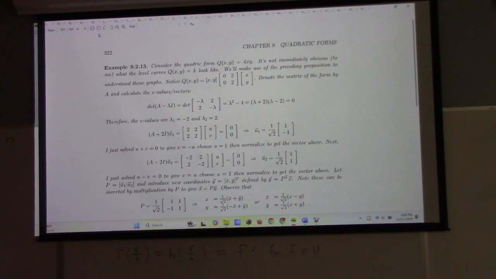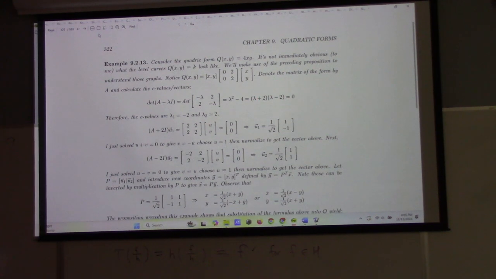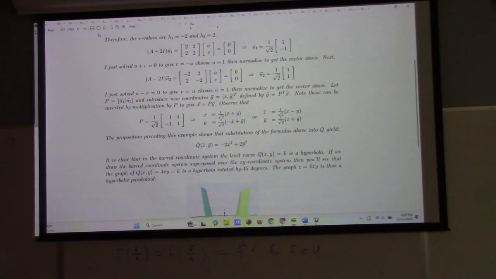4xy. So if you set that equal to a constant, if you go through and find the eigenvalues, plus and minus 2, and slog through the details here, you can change the formula to minus 2x bar squared plus 2y bar squared. So if I set that equal to a constant, that's a hyperbola, right?